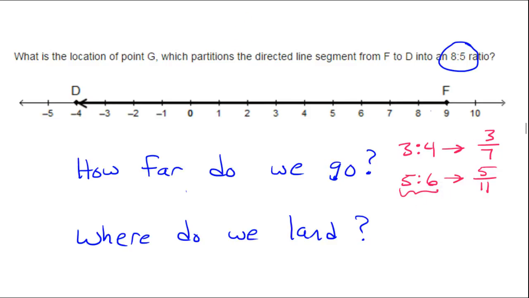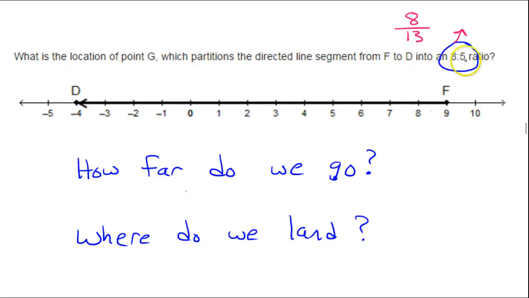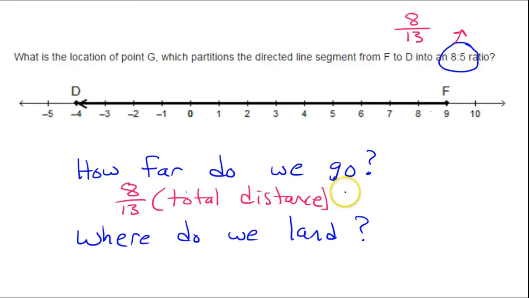Getting back to the actual problem, if I want to know how far I'm going to go, I need to turn this into a fraction, and that fraction is going to be 8/13, because 8 plus 5 is 13. That helps me answer the question of how far I go, because I need to go 8/13 of the total distance.